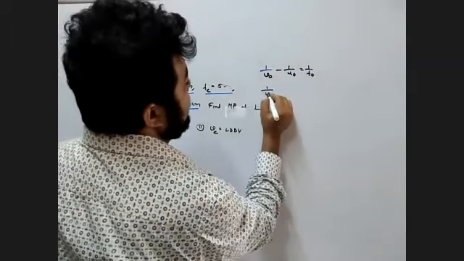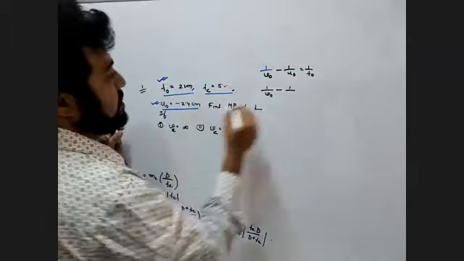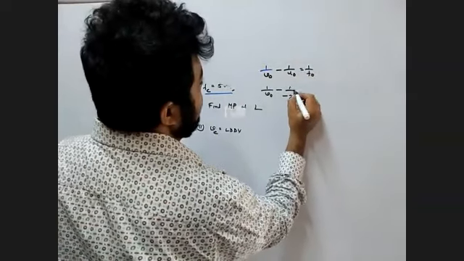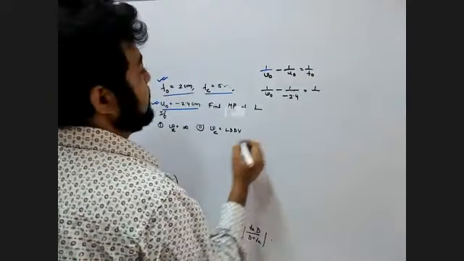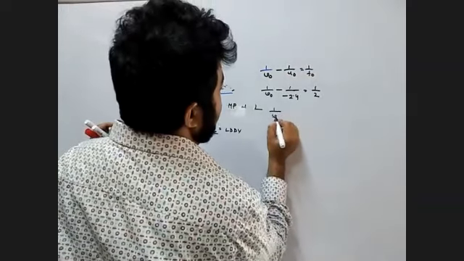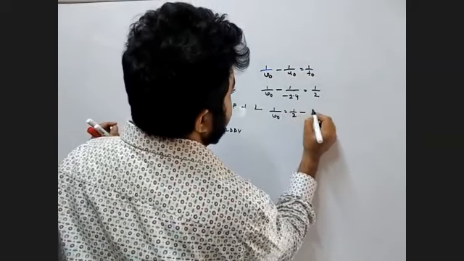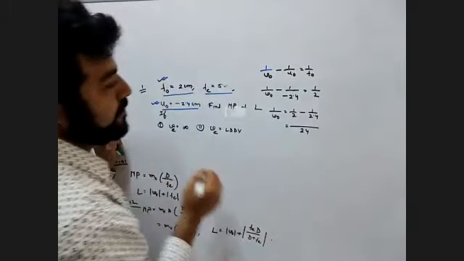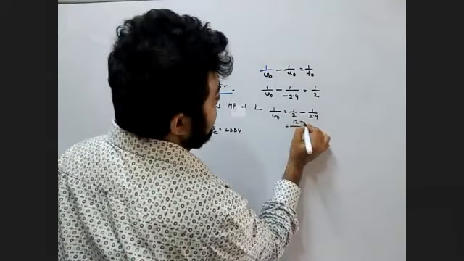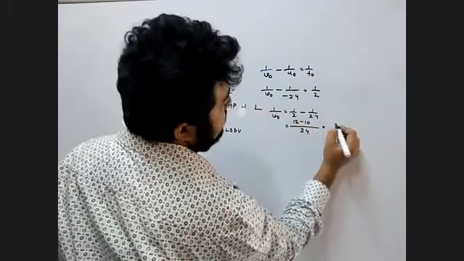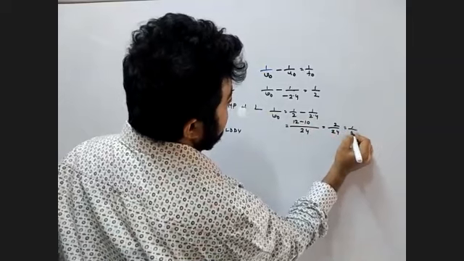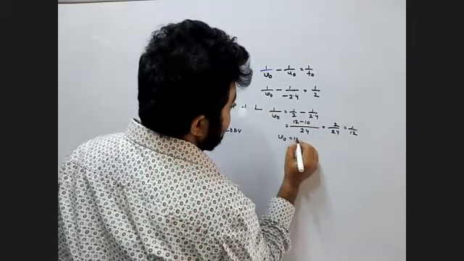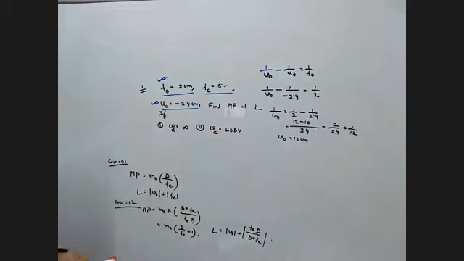So 1 by V naught minus 1 by minus 2.4, that is 1 by f naught, which is 2 centimeter. So 1 by 2 minus 1 by 2.4, that is 2 by 24, that is 1 by 12.